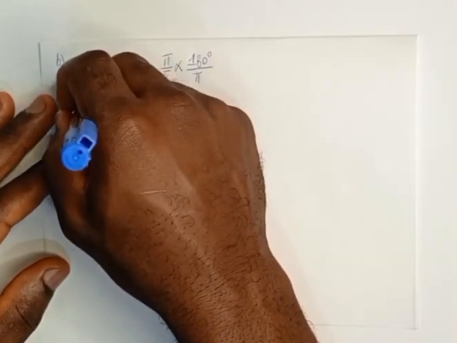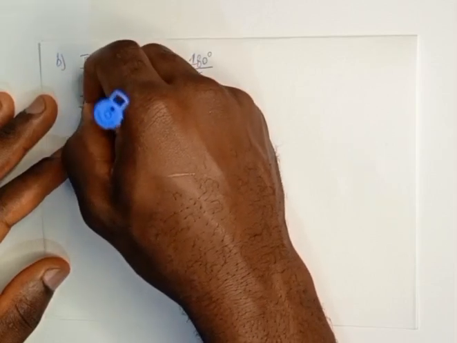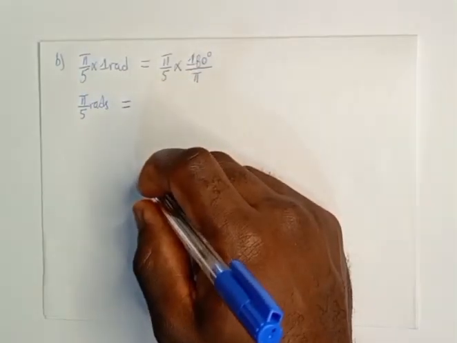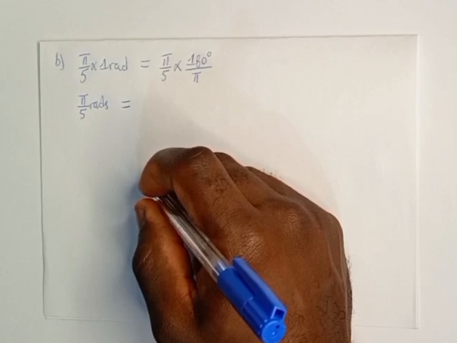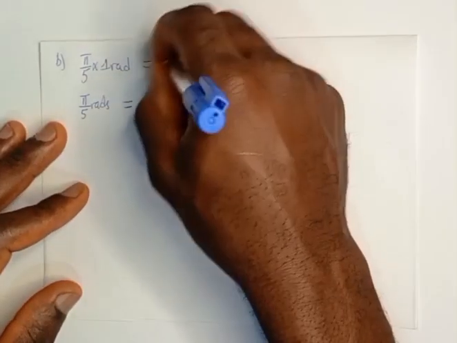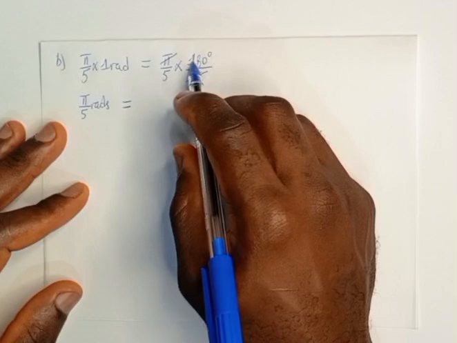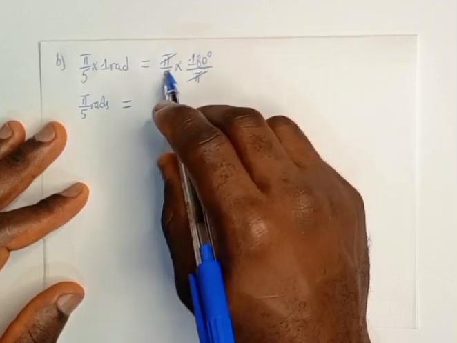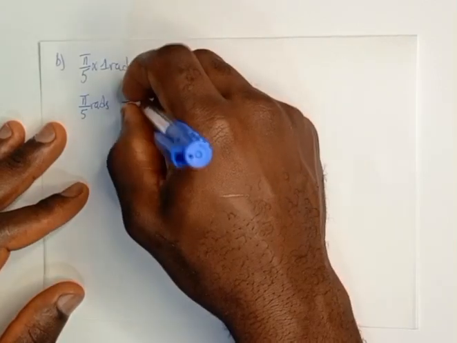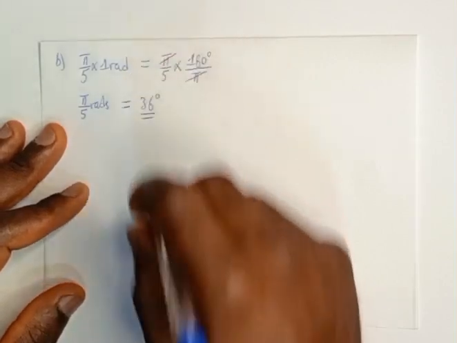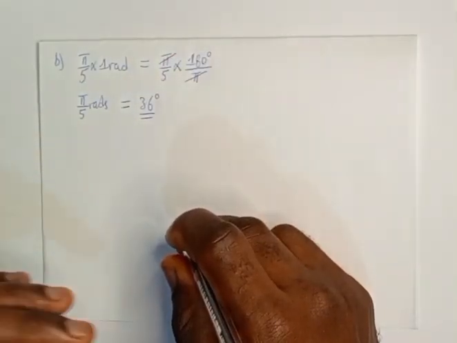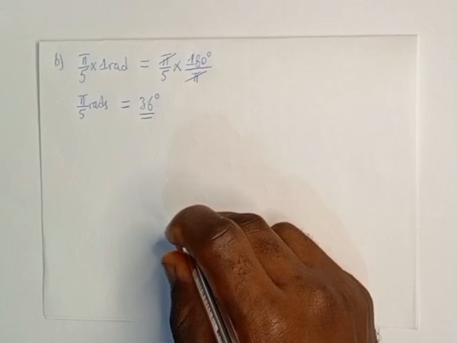Pi on 5 times 1 rad gives us pi on 5 rads is equal to, we have to simplify the right hand side. Pi will strike off pi. We're left with 180 degrees divided by 5, which gives us 36 degrees. Therefore, pi on 5 rads is equal to 36 degrees.